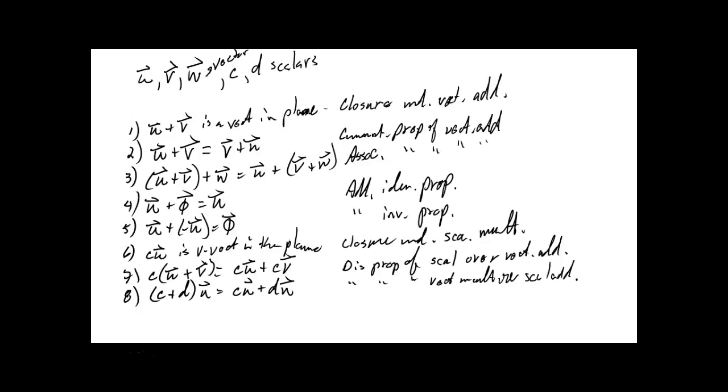Okay? Because you're adding two scalars multiplying by a vector. You could have put that vector in front, but usually you write the scalar before the vector, so they put it here.